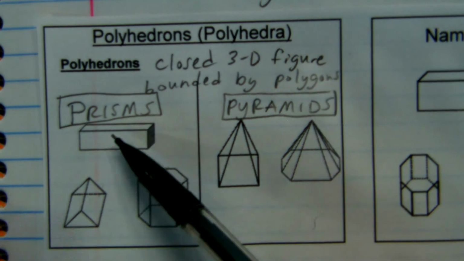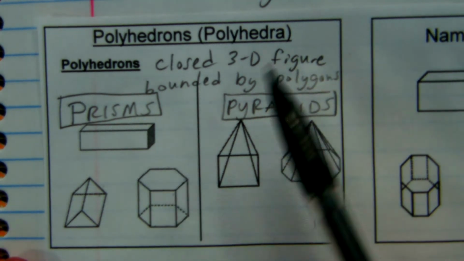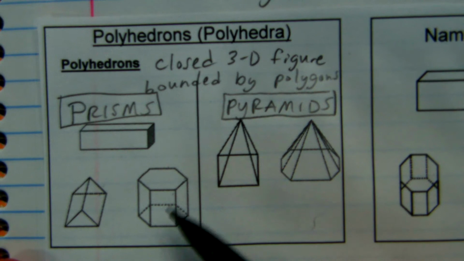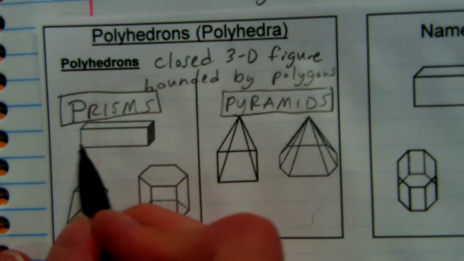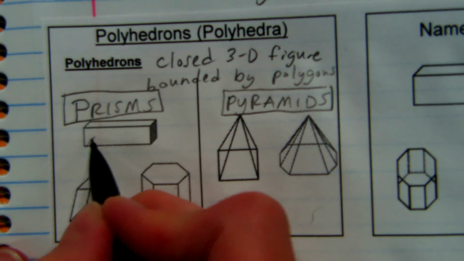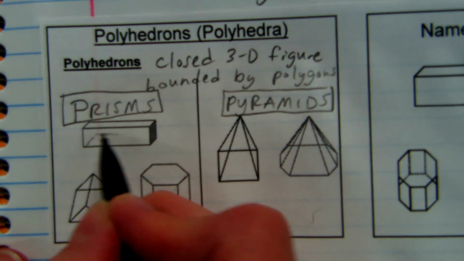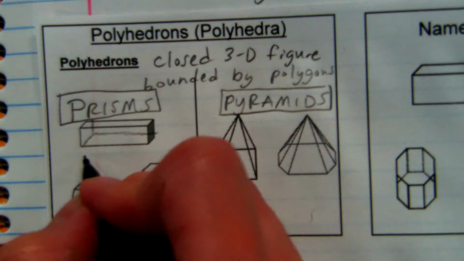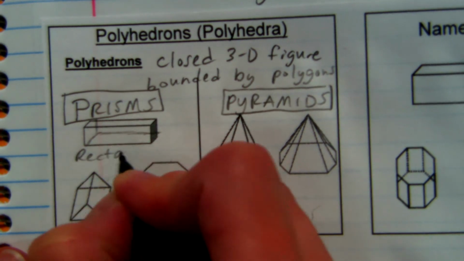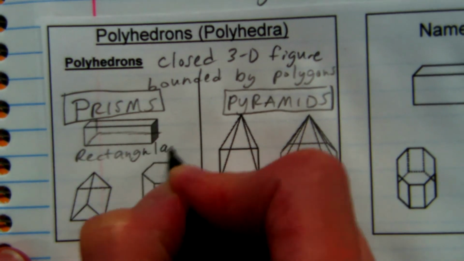So if we just look at the prisms side, we name prisms based on the shape of their base. And so this one, if you imagine what the base looks like, what it's sitting on, if we sort of extend this out, it would be a rectangle. So this is called a rectangular prism.